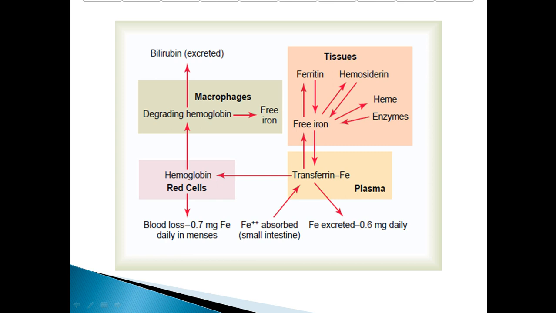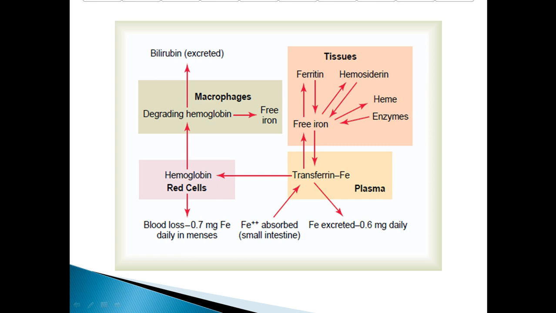The iron is absorbed from the small intestine, and there iron binds with transferrin, and the free iron is in the form of ferritin, which is the store form of iron, and from this iron there is a synthesis of heme and hemosiderin as well, and the iron is also excreted, about 0.6 milligrams daily.